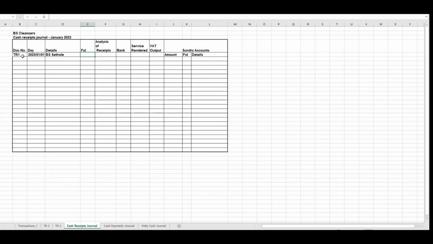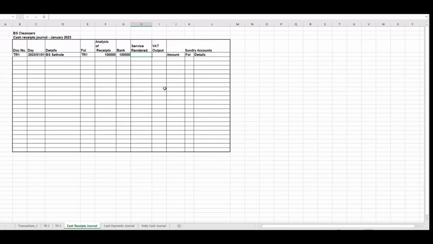And the folio is the same, transaction number 1. And in the analysis of receipts, this is where we put how much we've received, which we said is 100,000, and how much goes to the bank is the same 100,000. And this was for capital.